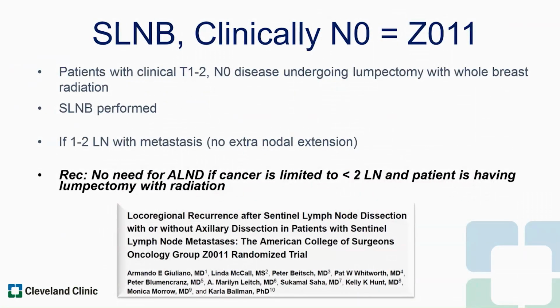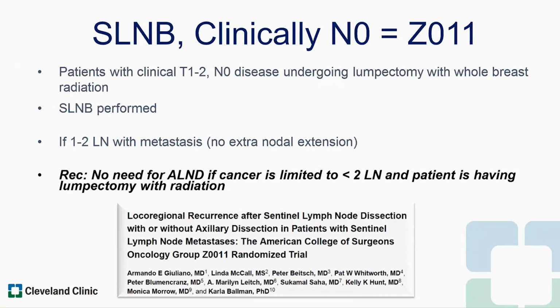So let's go over sentinel lymph node biopsy in a clinically node negative patient and what's called the Z11 study. What this looked at is patients with clinical T1 or T2 and N0 disease who are undergoing a lumpectomy, who are going to receive whole breast radiation; sentinel lymph node biopsy can be performed. Now here's the caveat.